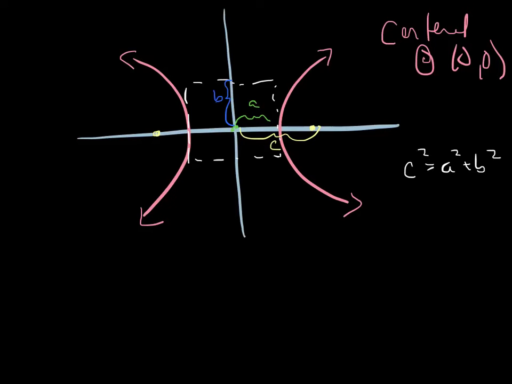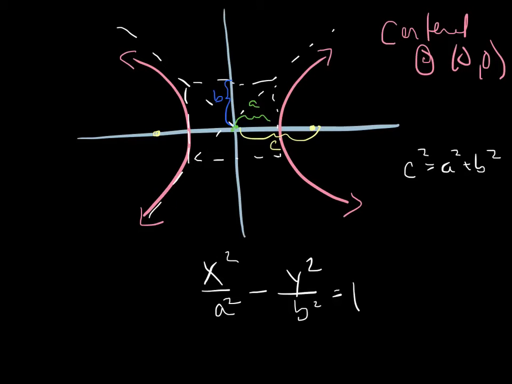Now the formula for this particular hyperbola is x squared over A squared minus y squared over B squared equals 1. And again, the distance A is the horizontal radius, and B is the vertical radius, just like our ellipses. Now we also have these little things right here, there and there. Those are called asymptotes.